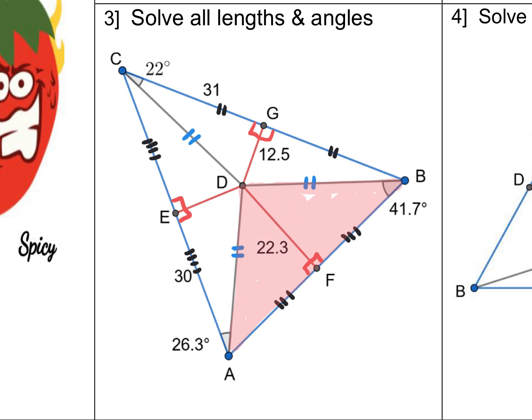So I'm going to highlight this guy red. Then I'm going to highlight this set of triangles blue. Because again, these two are congruent triangles. And I'm going to highlight the third one green, because this is going to help us when we're solving these guys.